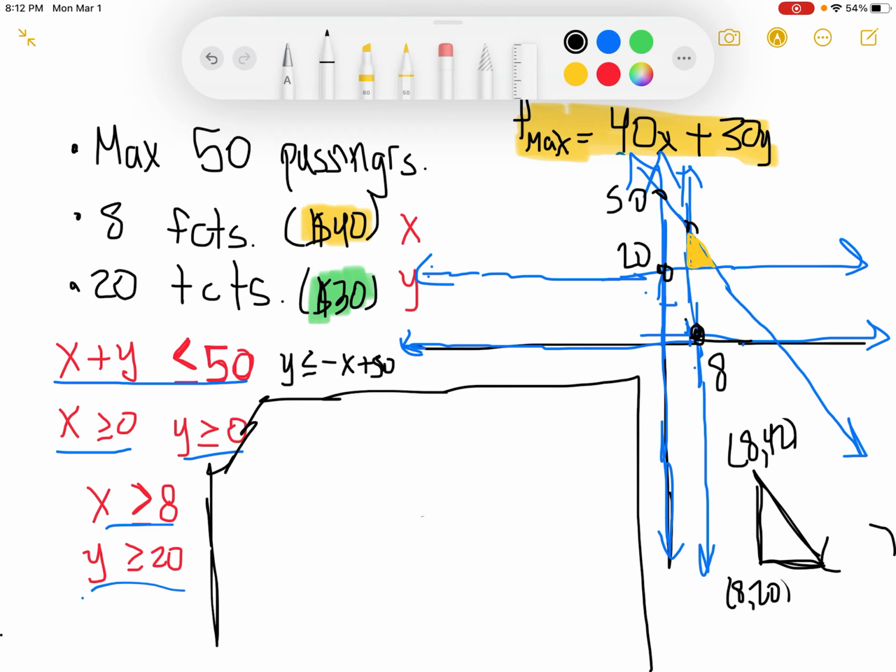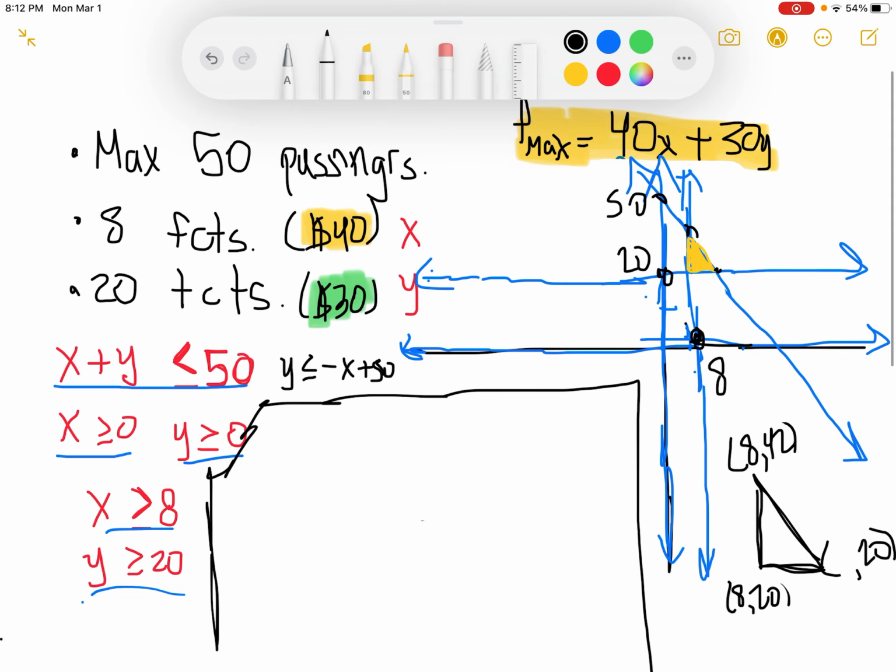Then the last thing we need to know is this point. We at least know that the y value is going to be 20. But if we know this, that doesn't help us because the equation is... or wait, never mind.